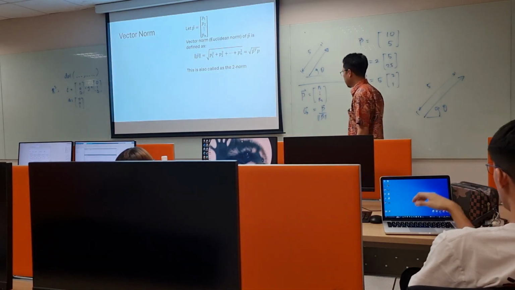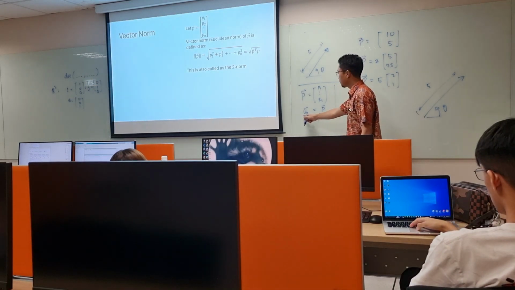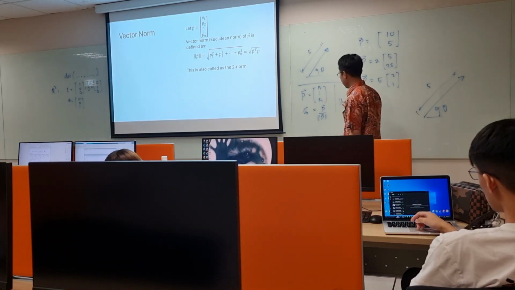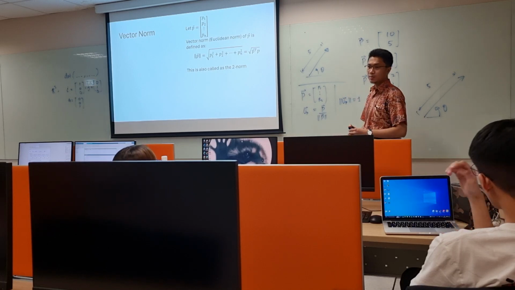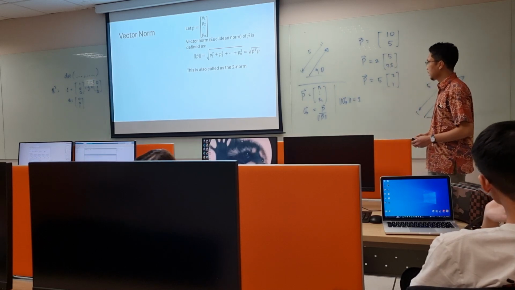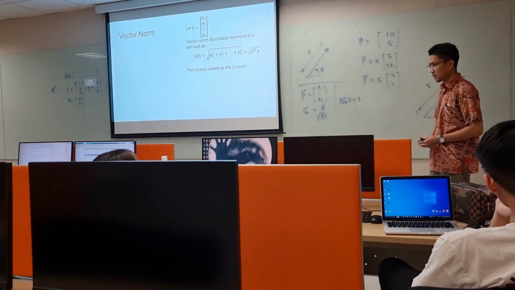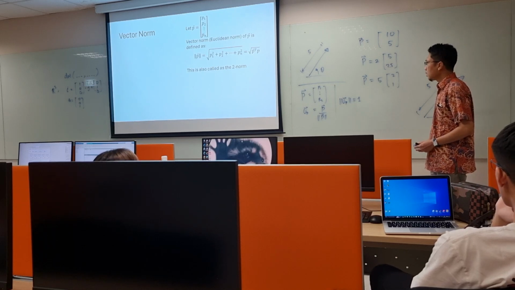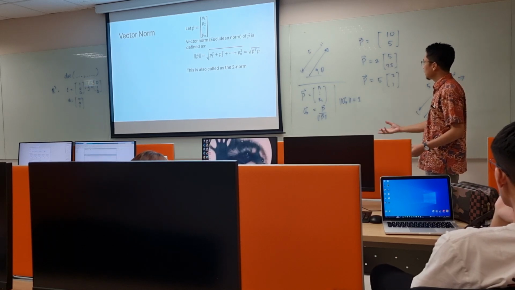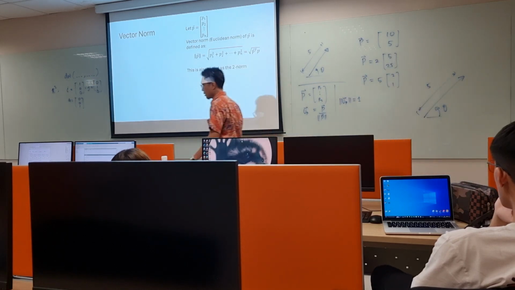And the property of a unit vector is that the norm is 1. That is 1. Right. So you can always represent a vector by what?